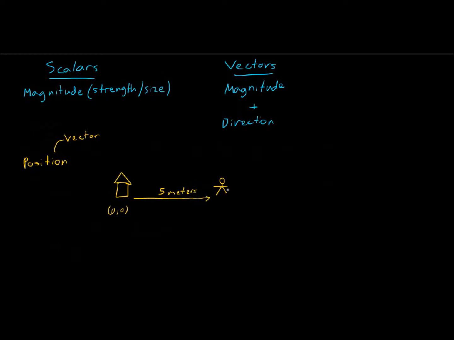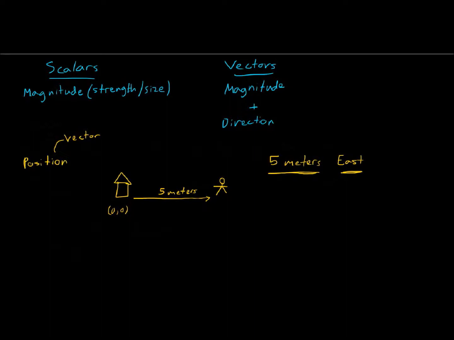So my position in this situation would be 5 meters to the east. Then you could say of my house, but it's typically stated that the origin is what you're being relative to, so the 'to my house' isn't really necessary. So I am 5 meters east, and you can see that we have a magnitude right here, and we have a direction right here, and so this is a vector.